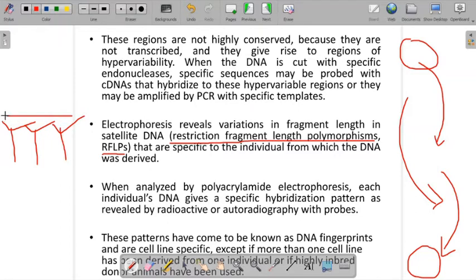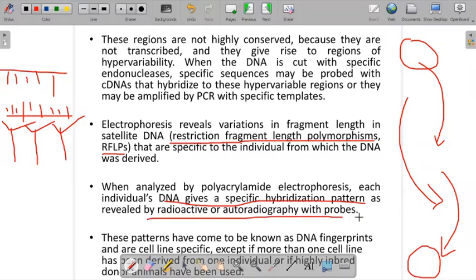The DNA is hybridized with our satellite probe, and we identify the cell lines which have been provided. When analyzed by polyacrylamide electrophoresis, each individual's DNA gives a specific hybridization pattern, as revealed by radioactive autoradiography with the probes. This is again very important.